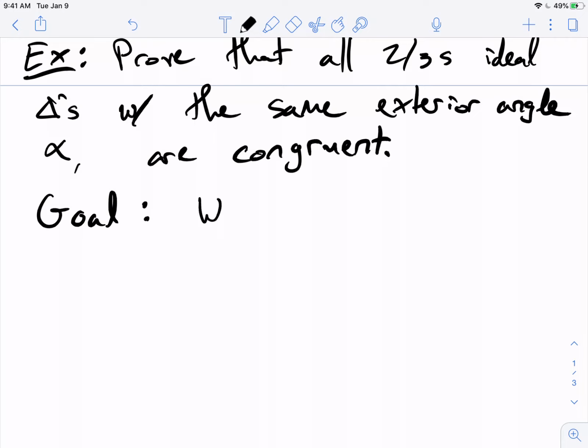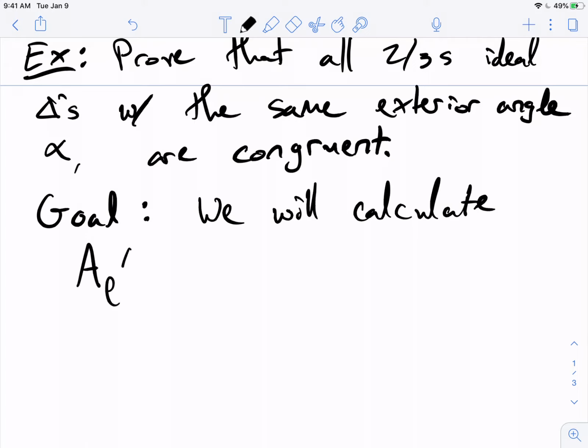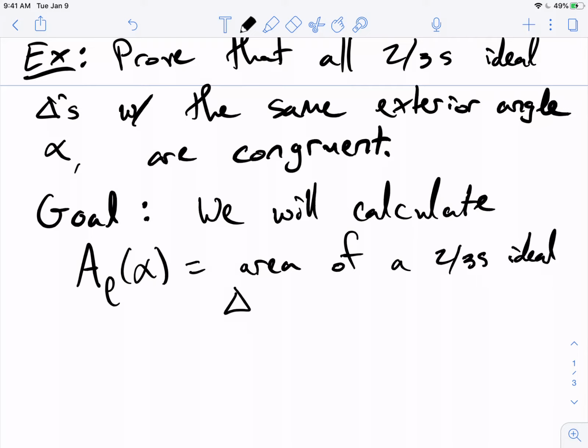So our goal, we will calculate, I'll call it A rho of alpha, which is going to be the area of a two-thirds ideal triangle with exterior angle alpha on a given hyperbolic space.